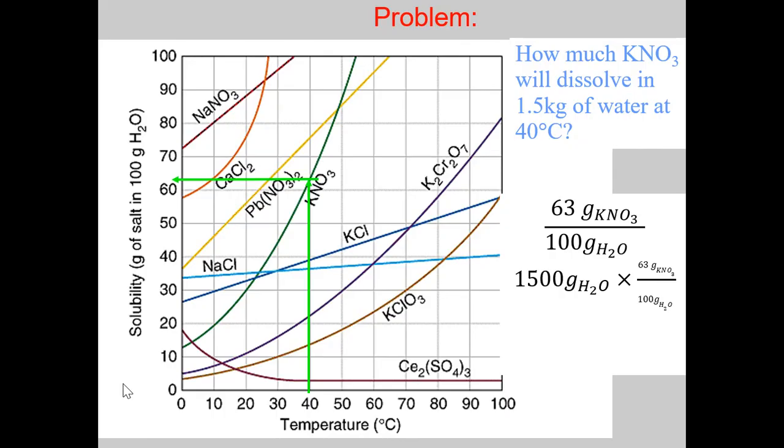This time I'm going to put the conversion factor in this orientation. So again, I get to cancel out my grams of water. Whatever I've been given, I want to make sure I cancel out, so it's going to be at the bottom of the fraction. And then I do the math. I take 1,500 times 63 divided by 100. I get that I can dissolve 945 grams of potassium nitrate into 1.5 kilograms of water, most specifically at 40 degrees Celsius.